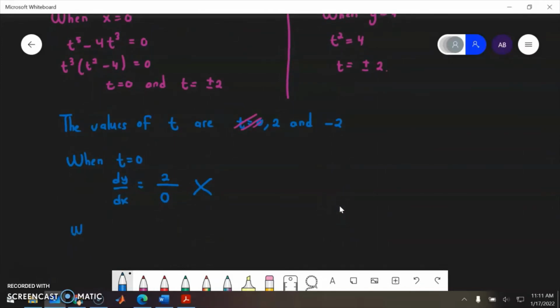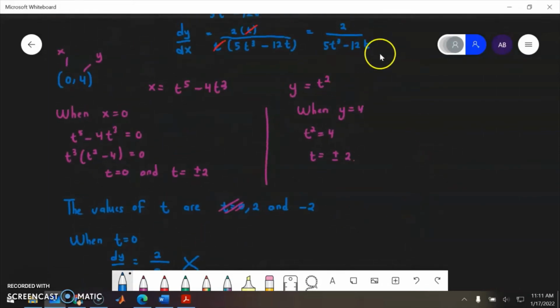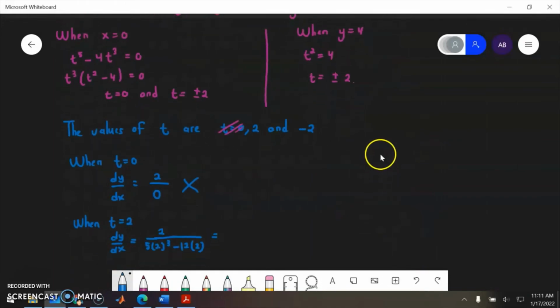So what happens when t equals 2? dy/dx equals 2 over 5 times 2 to the power 3 minus 12 times 2. You're substituting into this equation when t is 2.